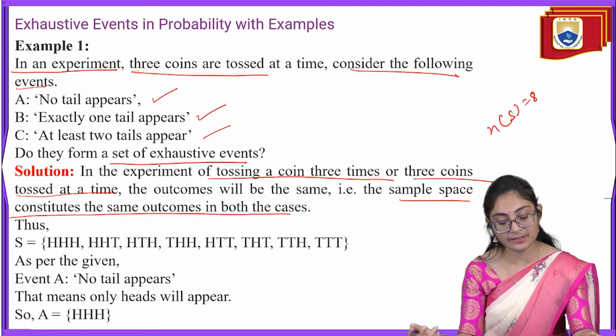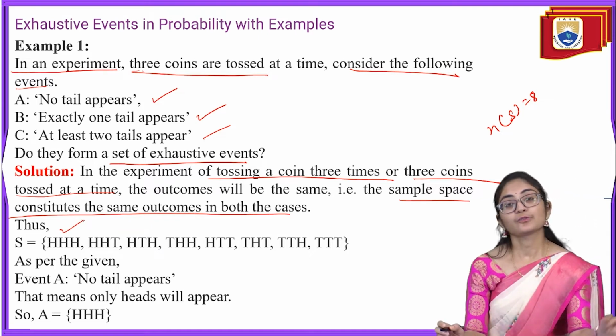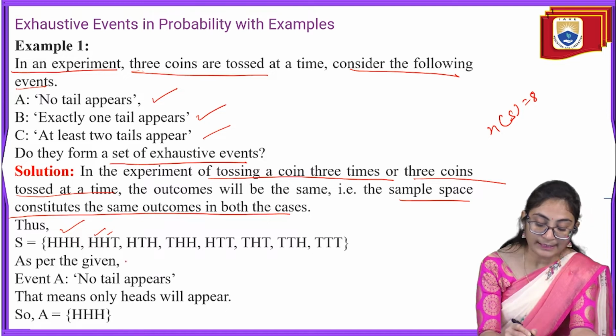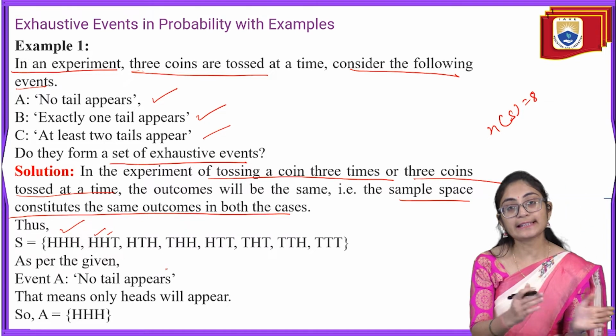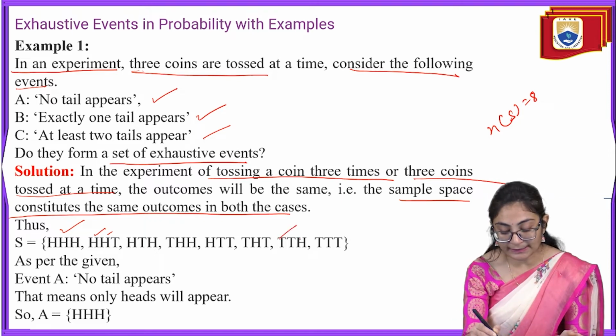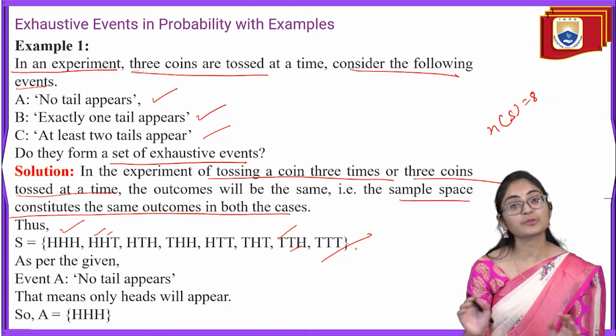What are the 8 events? They are HHH, HHT, HTH, HTT, THH, THT, TTH, and TTT. So these are our possible values.